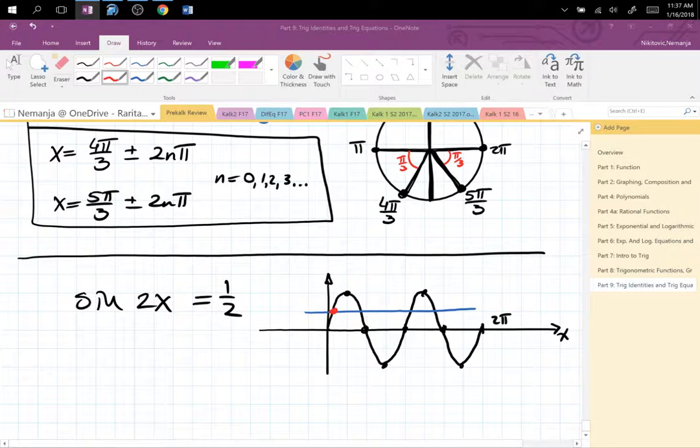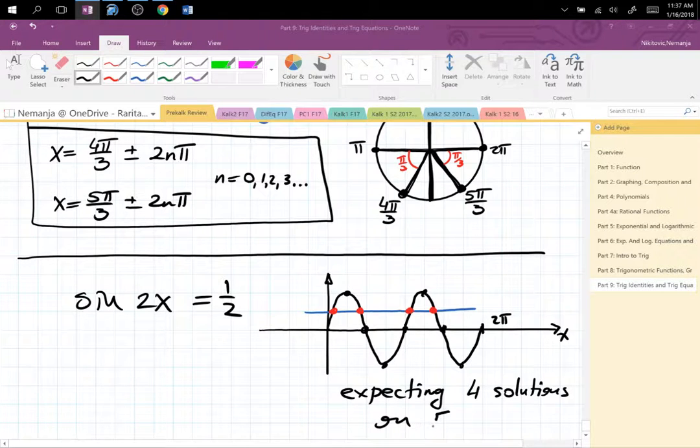We get 4 solutions. So we are expecting 4 solutions on 0 to 2 pi.